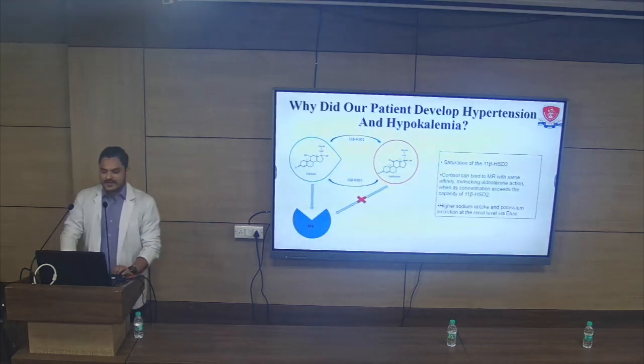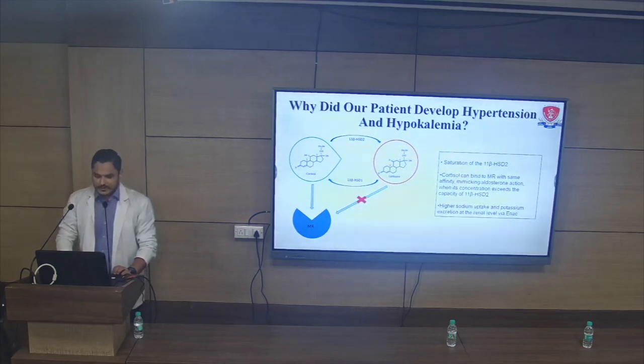So why did our patient develop hypertension and hypokalemia? In physiological states, cortisol is converted to an inactive compound called cortisone in the presence of the 11 beta HSD2 enzyme. Normally, cortisone does not act on the mineralocorticoid receptors, whereas cortisol has mineralocorticoid receptor activity.